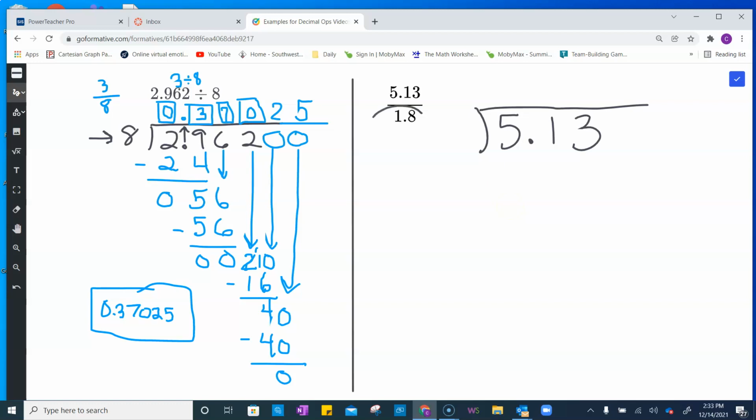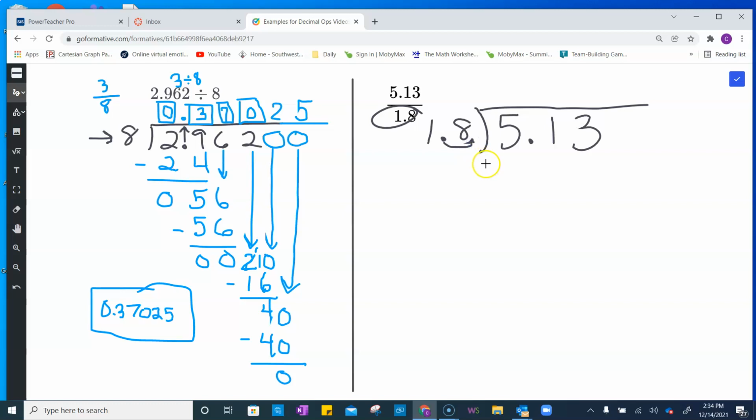The number I'm dividing by is 1.8. It's a decimal. And we do not like dividing with the bracket and having a decimal at the door. This right here, we do not like that. So the rule of thumb to do these problems, the first thing you need to do is to clear that decimal.